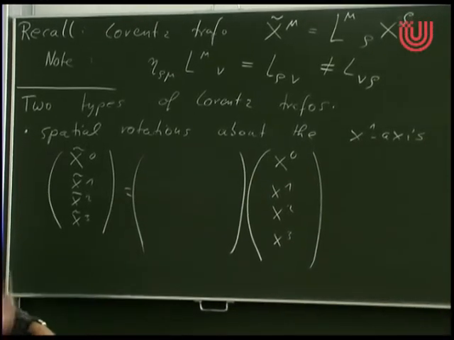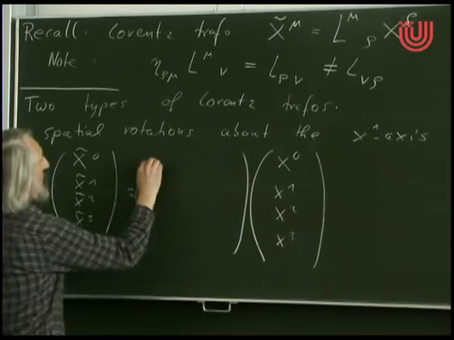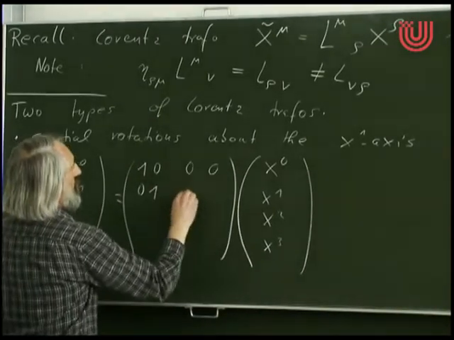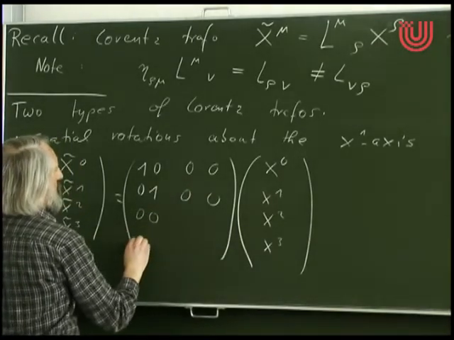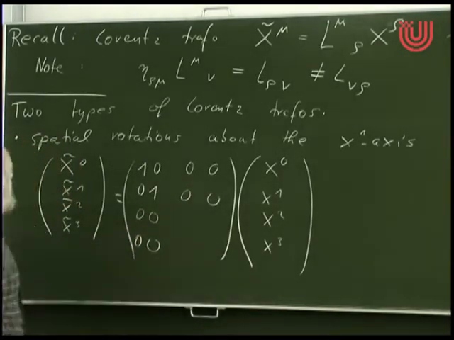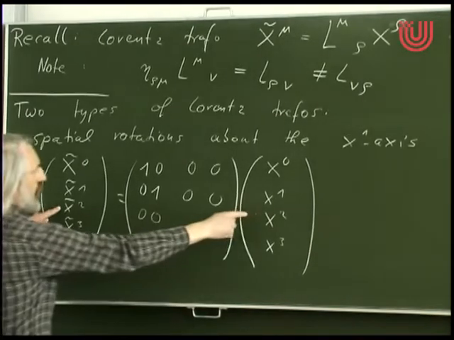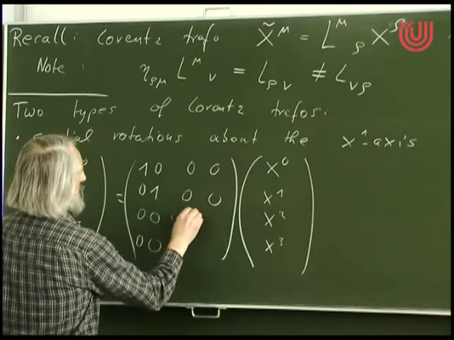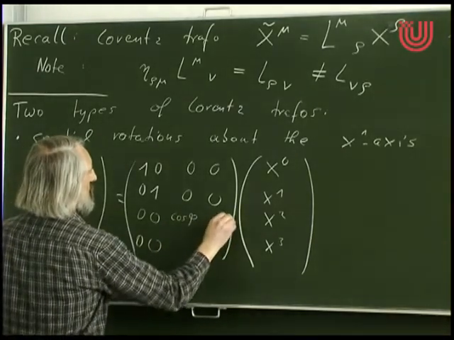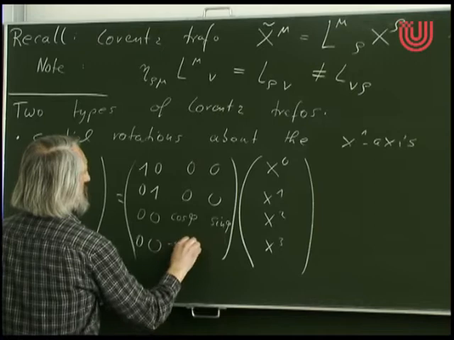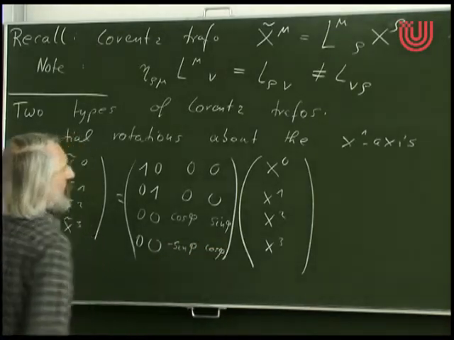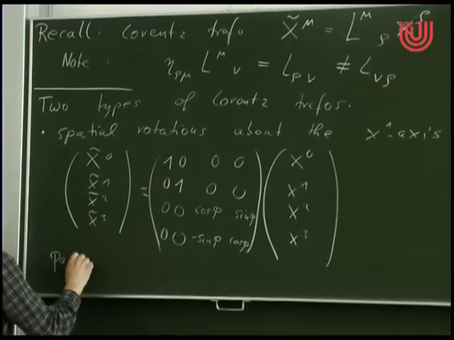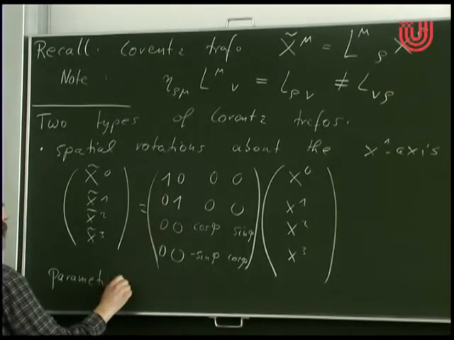The axis remains unchanged. So I have ones here and zeros here. And nothing happens in the mixed terms. And the interesting thing is here. So I want to have a rotation of this axis about a certain angle phi. So I would have here cosine phi, sine phi, minus sine phi, cosine phi. So this is obviously parameterized by an angle which I called phi.